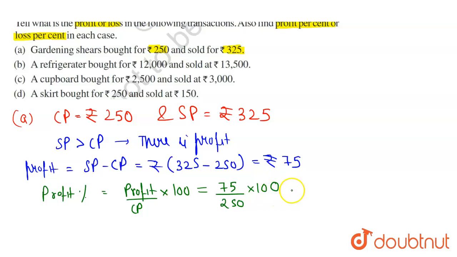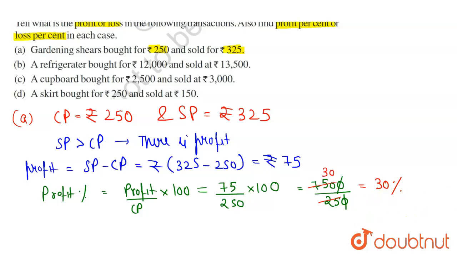So 75 times 100 is 7500, divided by 250. From here the 0 gets cancelled out, and 25 times 30 is 750. So this is equal to 30%. That means there is a profit of 30%.